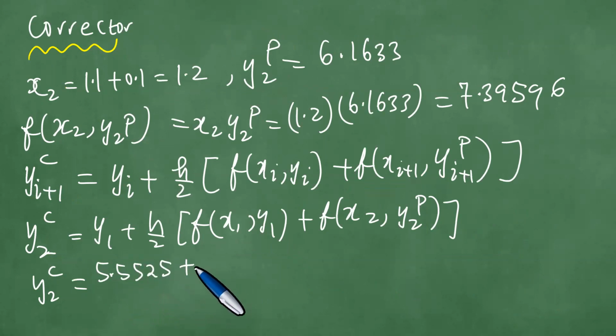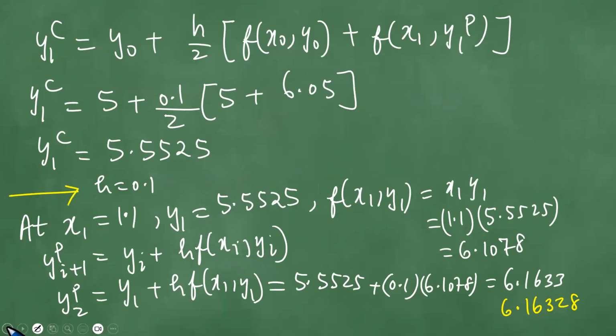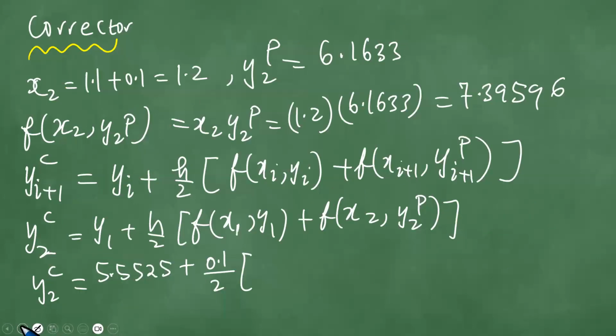5.5525 plus. Okay, we're going to tabulate all these things because I know they sound so mixed up. h is 0.1, you divide by 2. Okay, this is like x1, so f of x1, y1 is exactly what we got, and it is exactly this, which is 6.1078. 6.1078 plus.